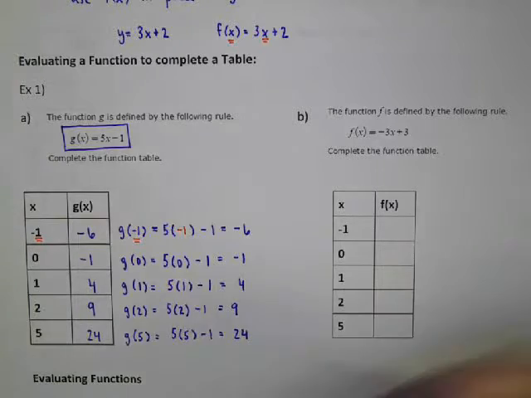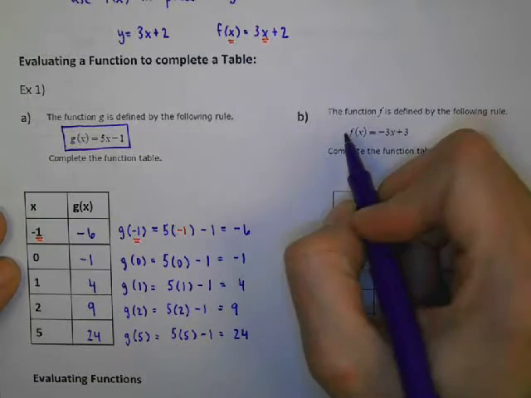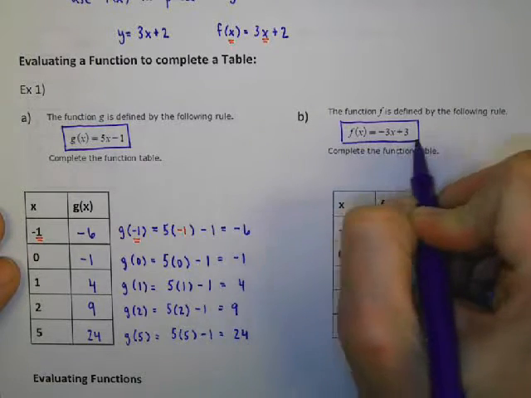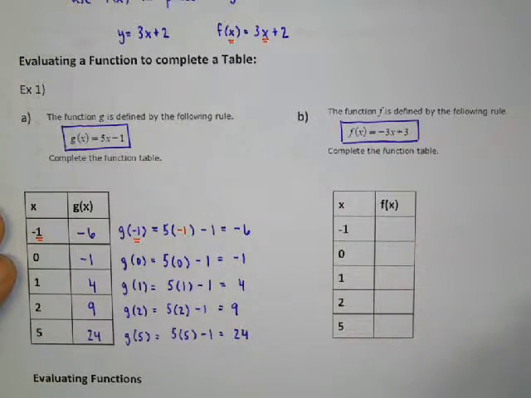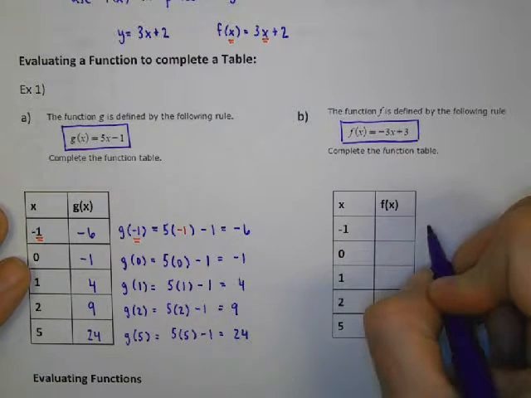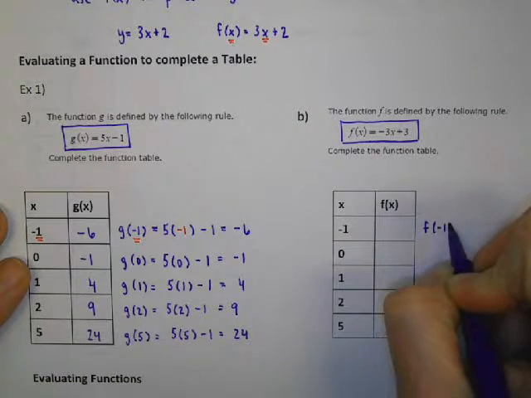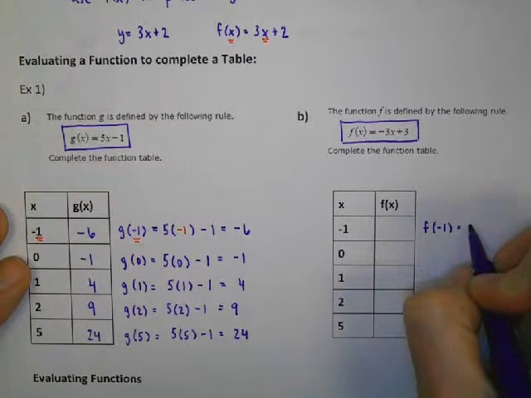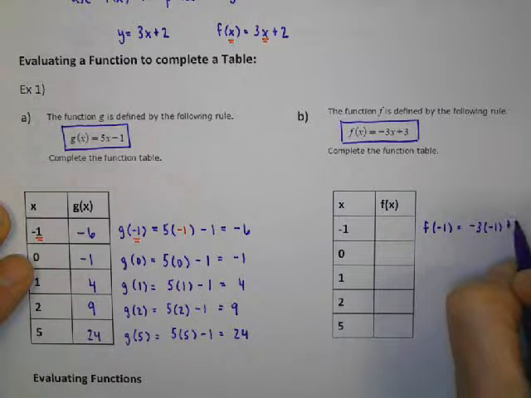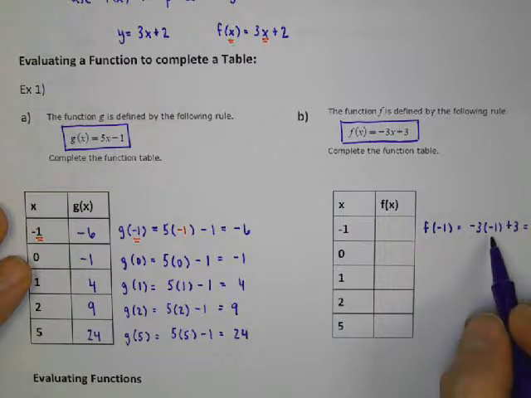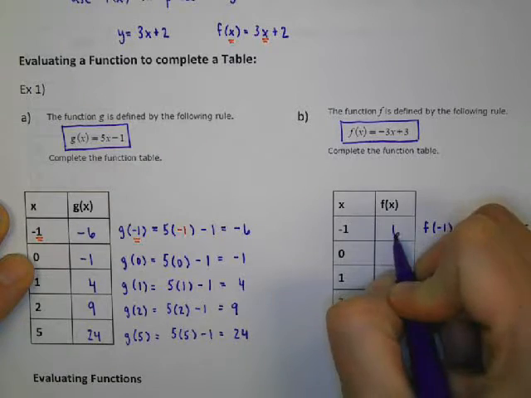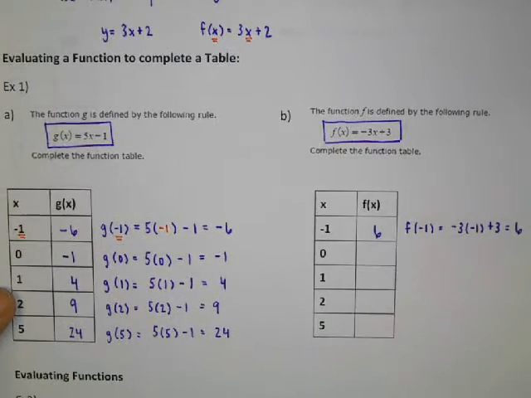So the only thing different now in part B is that I have a negative coefficient. That's really the major difference here. But again, how I fill out my table does not change. If I have x is negative 1, I know f of negative 1 is going to be negative 3 times negative 1 plus 3. So negative times a negative, that's a positive 3, plus 3 gives me a positive 6.